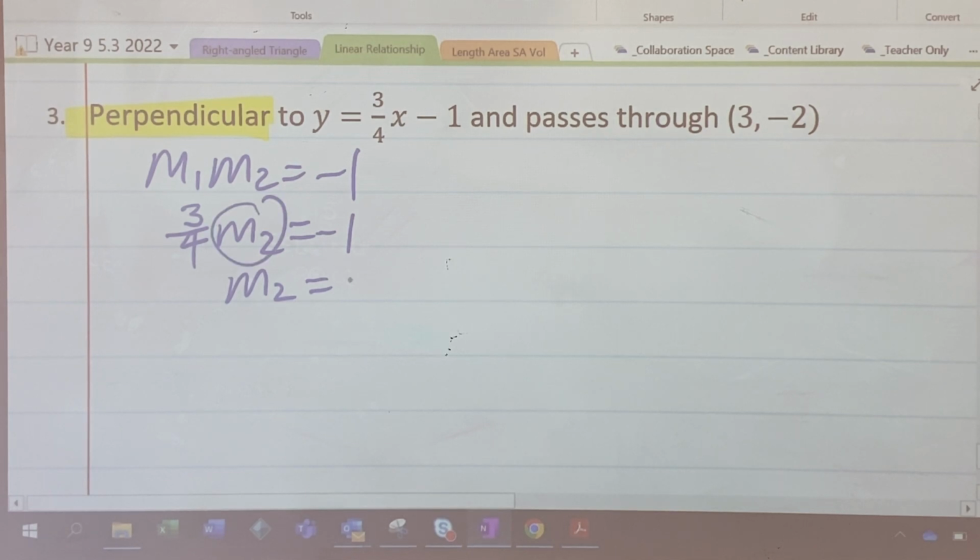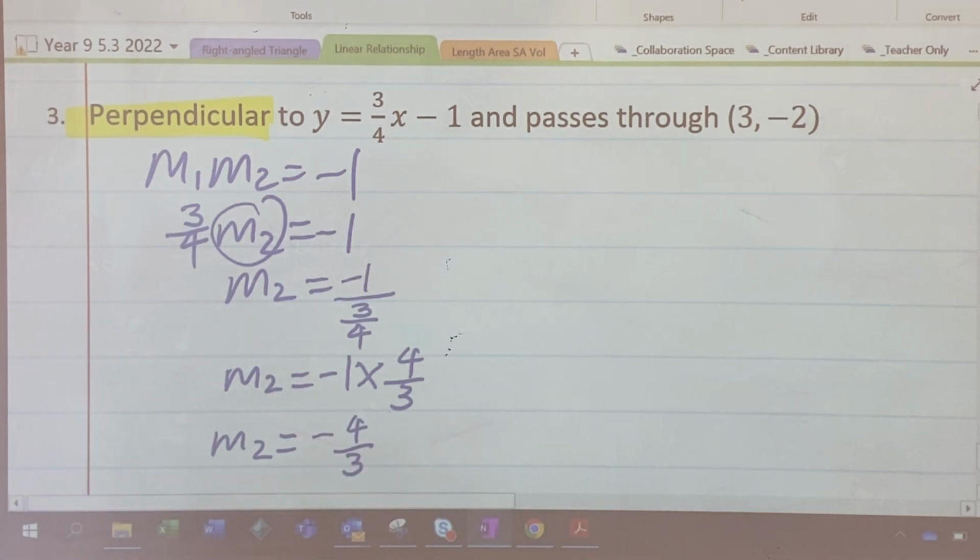Then m2 equals negative 1 divided by that. All good? We are dividing by a fraction, which is multiplying by its reciprocal. Then that's it. That's your new gradient and the full working out.